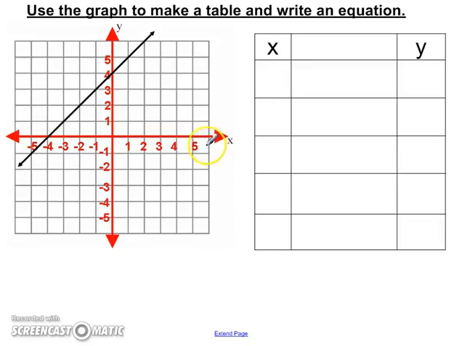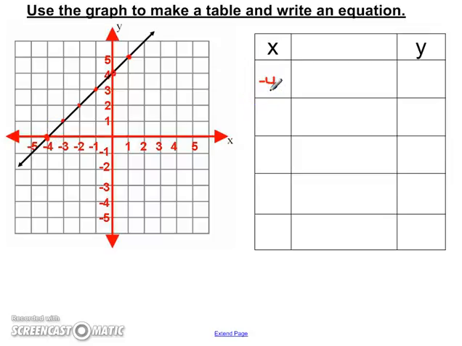Alright, so now let's go a little bit further. Use a graph to make a table and write an equation, which in this case, okay, so here's my line, and I'm going to identify a few points on the line, and I'm going to pull their ordered pairs out for the table. Okay, so I'm going to start over here. This point right here is negative 4, 0.